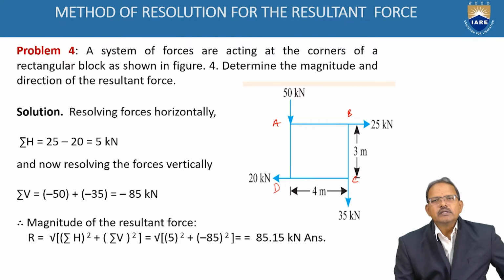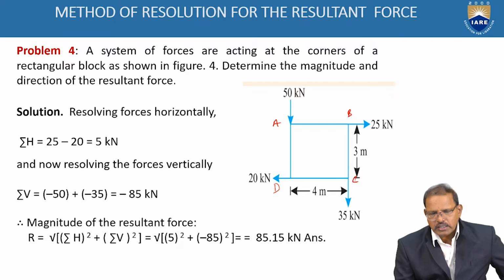So in order to find the resultant of these four forces, first resolve the forces along the x direction as well as the y direction. Since these forces are acting along the x direction and y direction only, the algebraic sum of the forces acting along the x direction, sigma H, is the horizontal component of the resultant force.